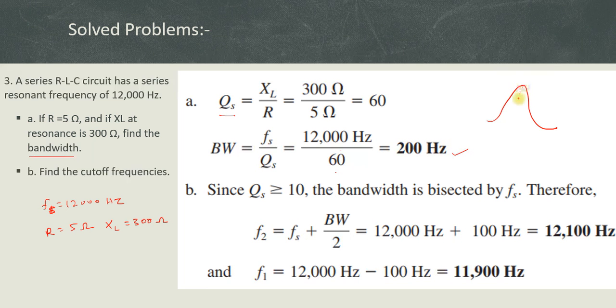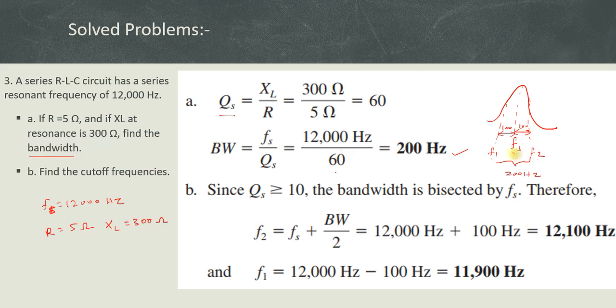So this midpoint is called Fs, this point is called F1 and this point is called F2. Here I want to find the value of F1 and F2, but we know that the bandwidth between these two is around 200 Hz, so the value between F1 and Fs is 100 Hz, and similarly the value between Fs and F2 is 100 Hz.